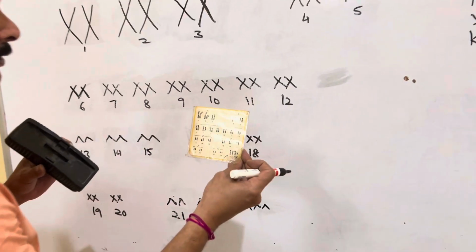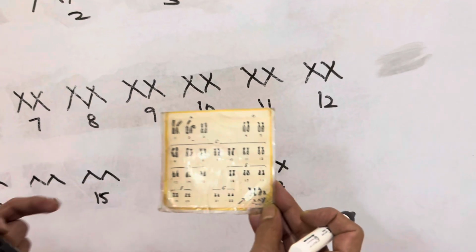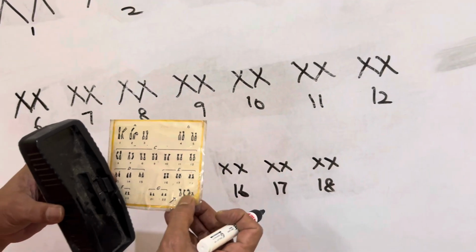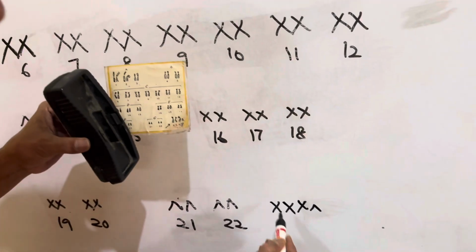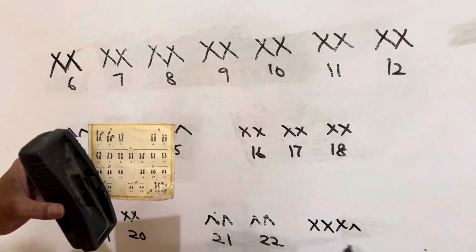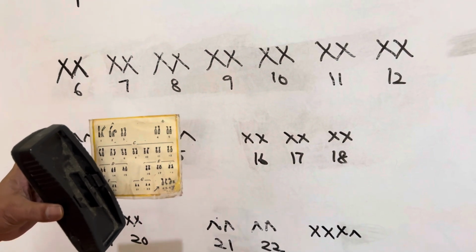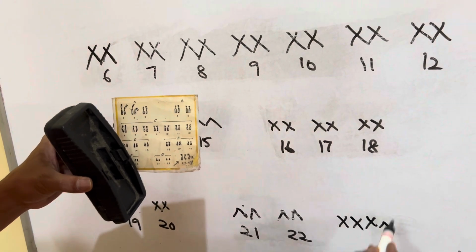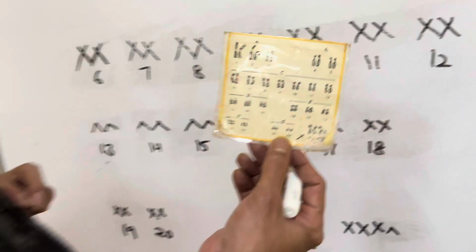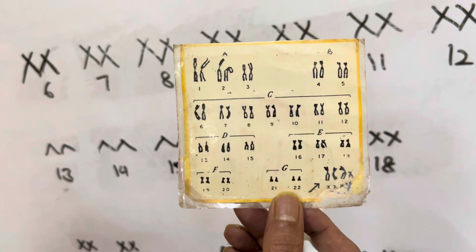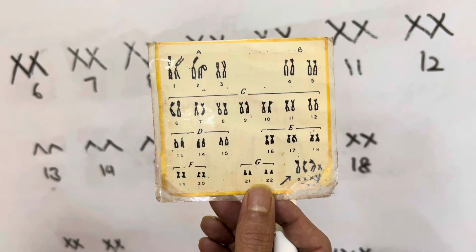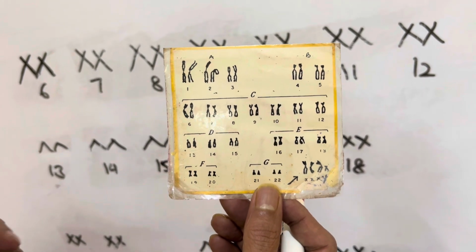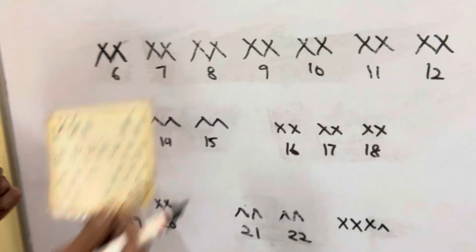Similarly here at the end you are finding three X and one Y chromosome like this. So this is also Klinefelter syndrome, but the karyotype is 48,XXXY. So this also comes under the category Klinefelter syndrome, an abnormal syndrome seen in a male. Okay.